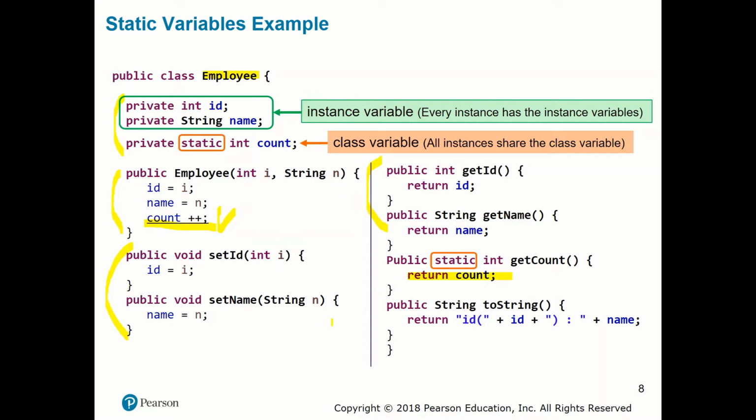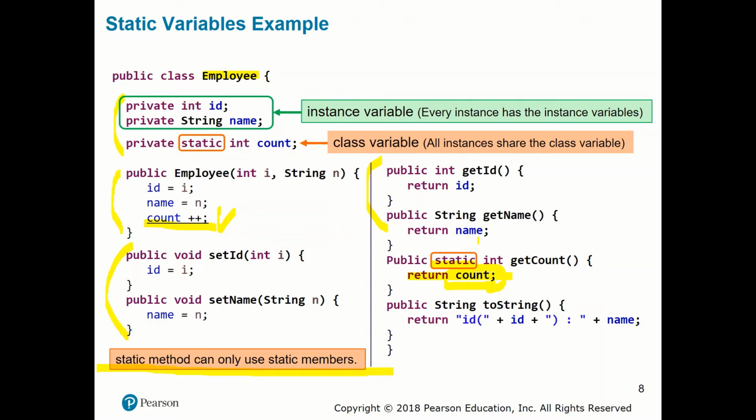And here the important thing is this one. The static method can only use static members. So getCount will return count. This is static. I declared the getCount method as static, and this is an important rule in Java. The static method can only use static members.